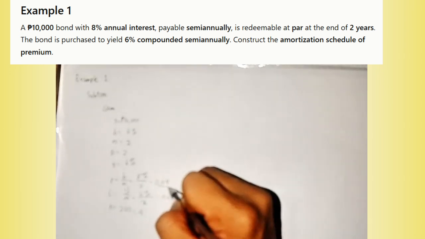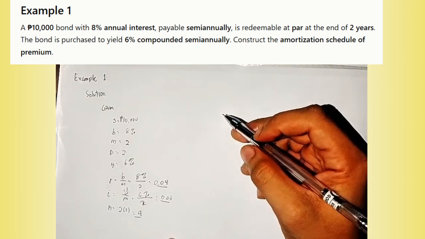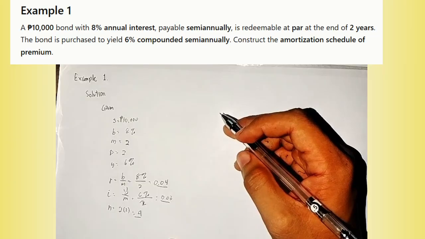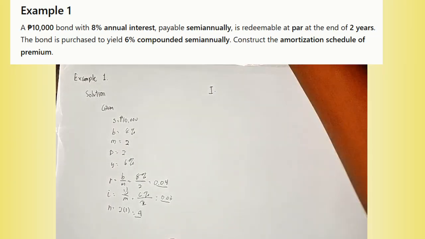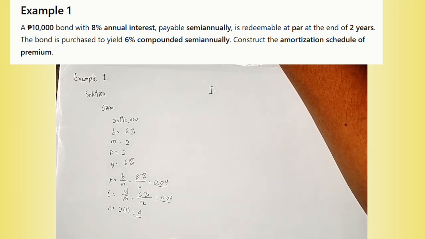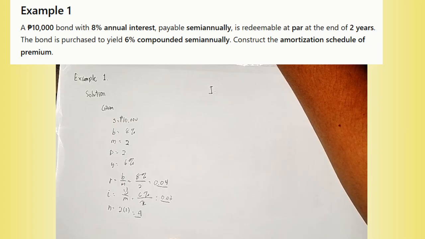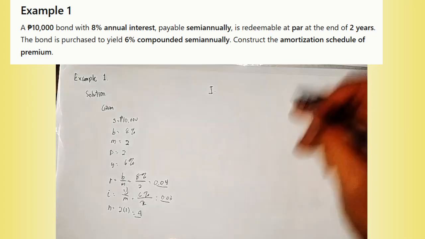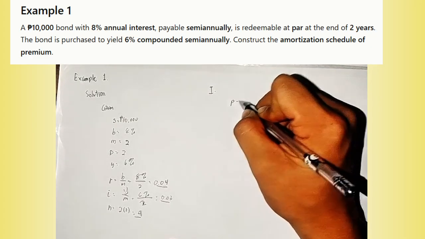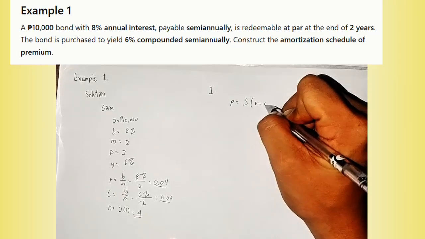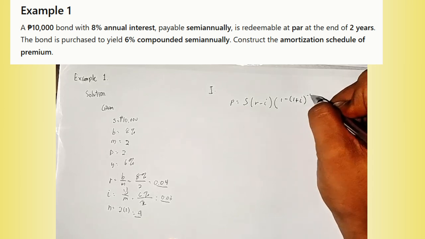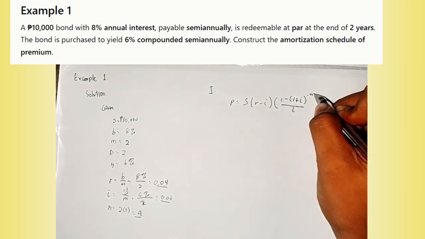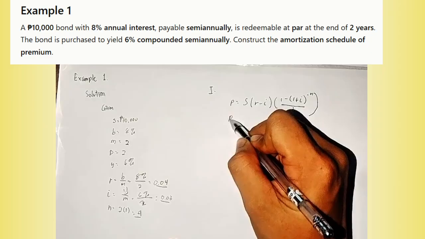Now let's substitute these values into the premium formula. Find first the bond premium. The formula is P is equal to S times R minus I times 1 minus 1 plus I to the power of negative N over I. Now let's substitute.